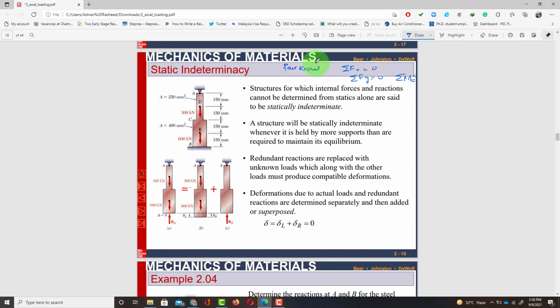Now in this case you have four forces or four unknowns, but you have three equations. So you cannot find the four unknowns by using three equations.